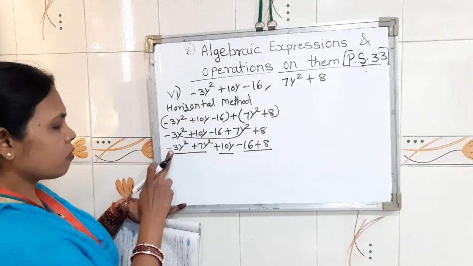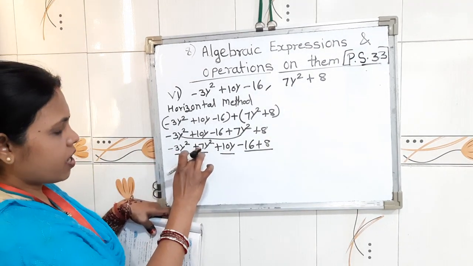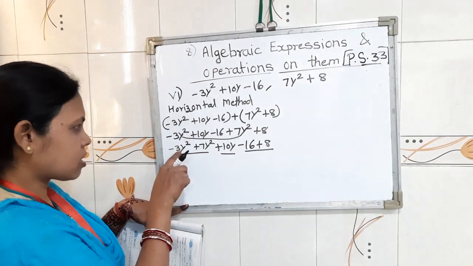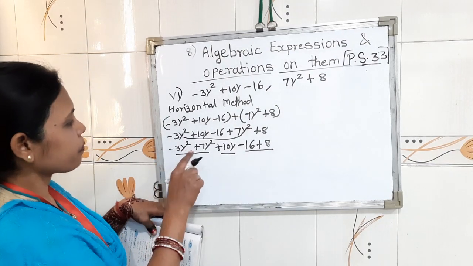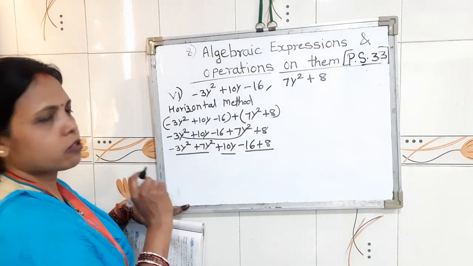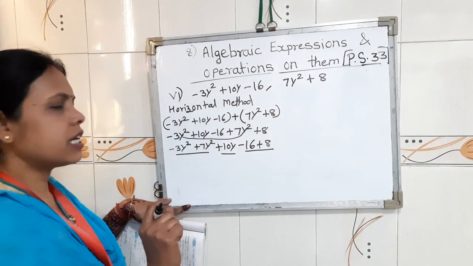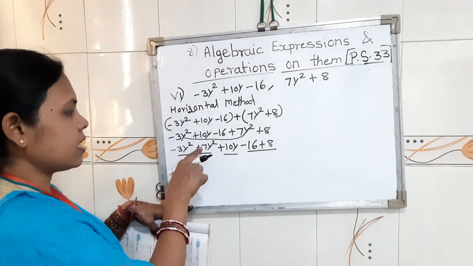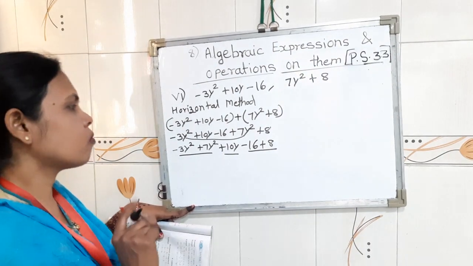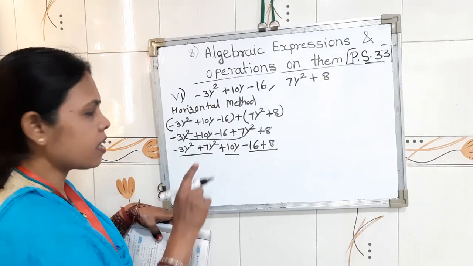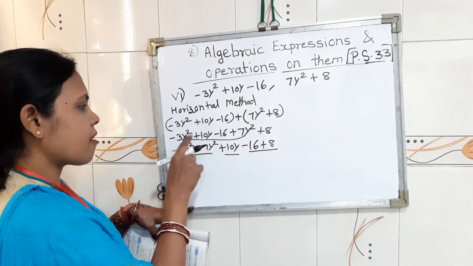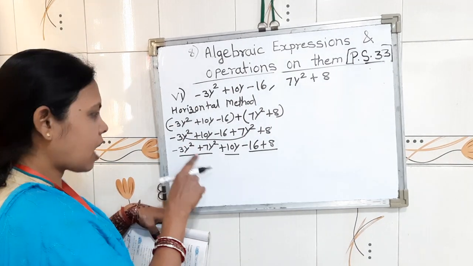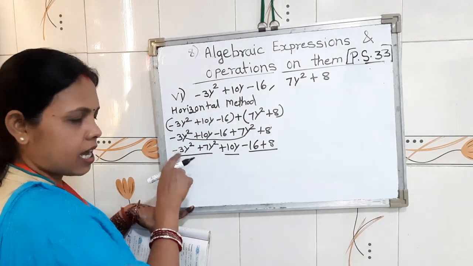So children, now minus 3y square plus 7y square. Both numbers have opposite signs, a minus sign and a plus sign. Therefore, what will we do? Which one is the greater number? 7. 7 has a plus sign and 3 has a minus sign.